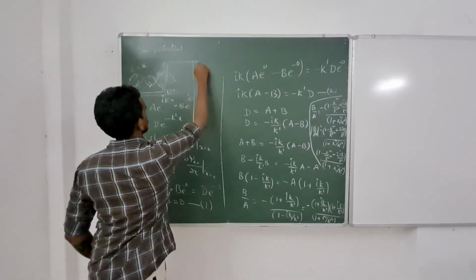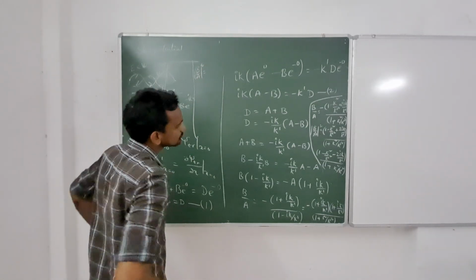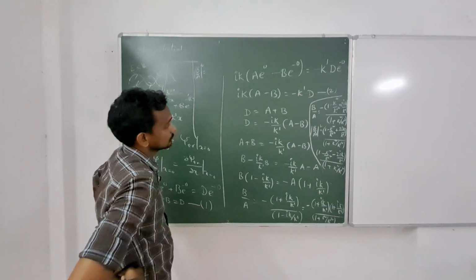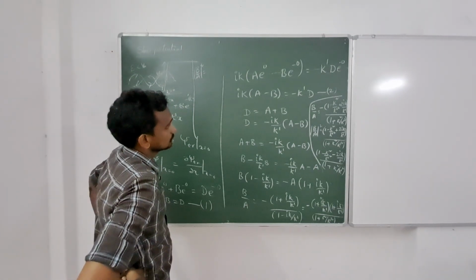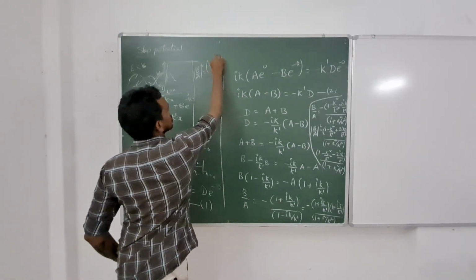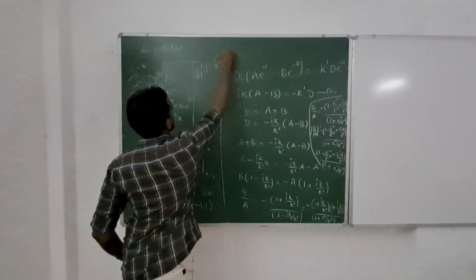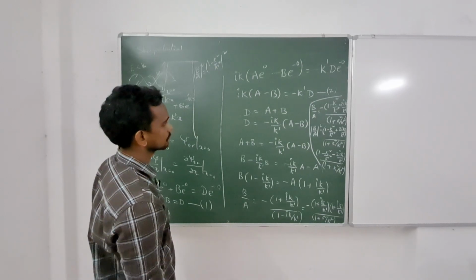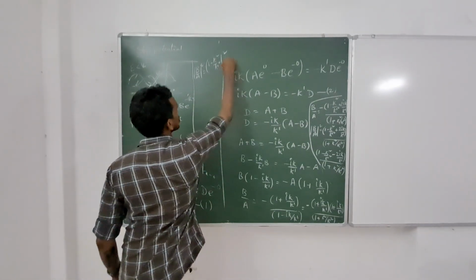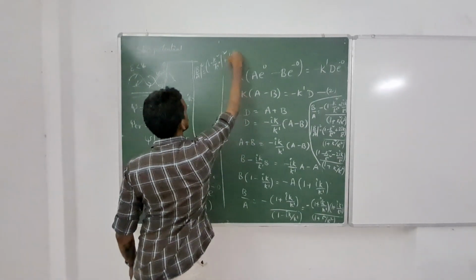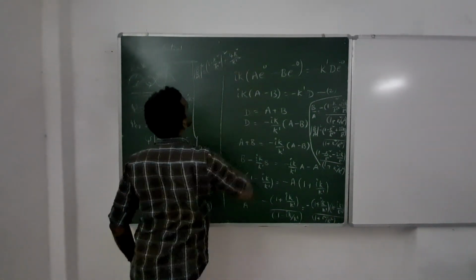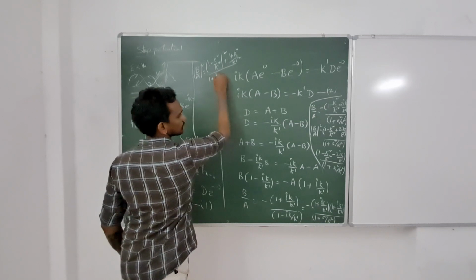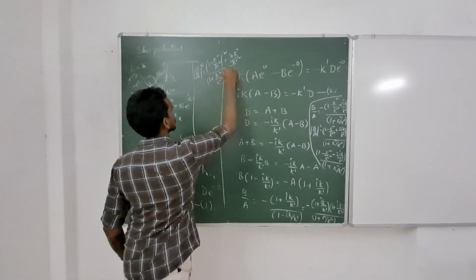Modulus B by A whole square is (1 minus k square by k' square) whole square plus 4k square by k' square, by (1 plus k square by k' square) whole square.